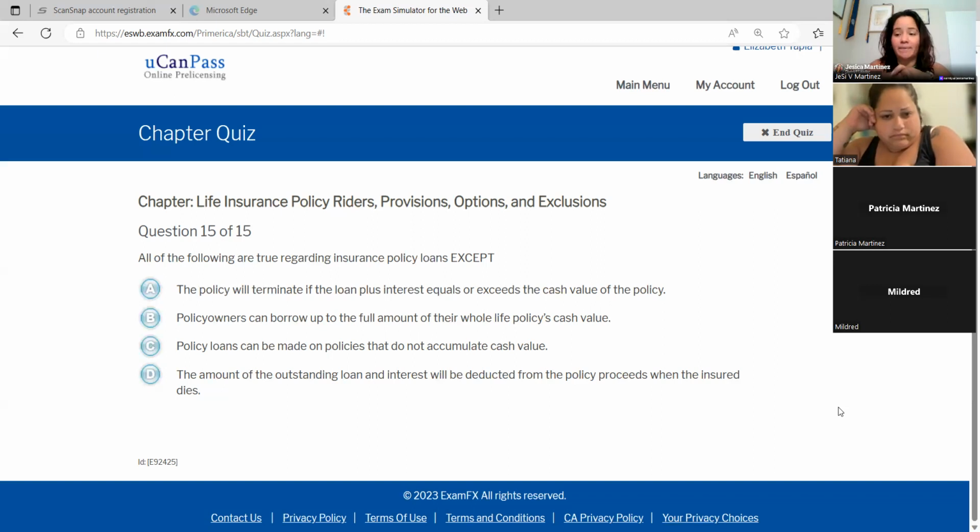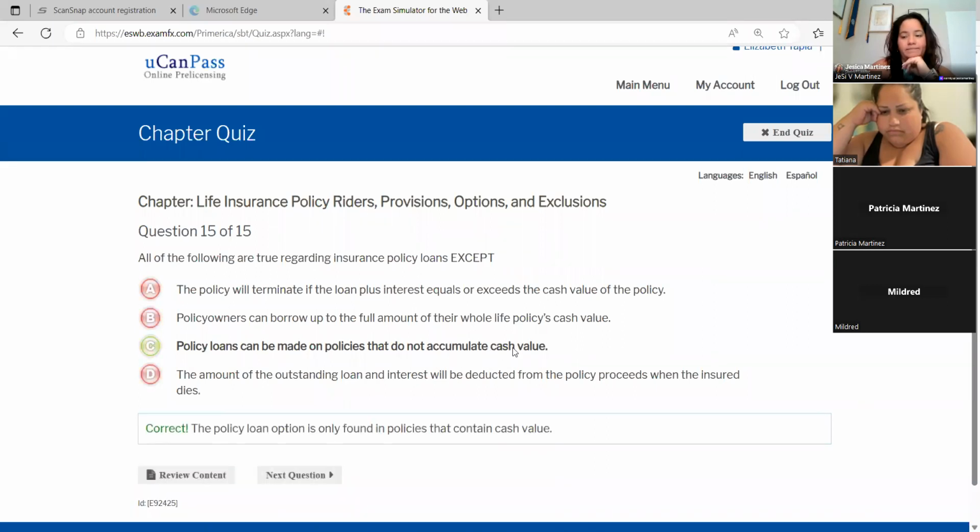And if something happens to you when you still have loans, the death benefit will be reduced by the loans and interest. And we also know you cannot borrow any money from a policy that does not have any cash value in it. Right? So policy loans can be made on policies that do not accumulate cash value. No, you can't.